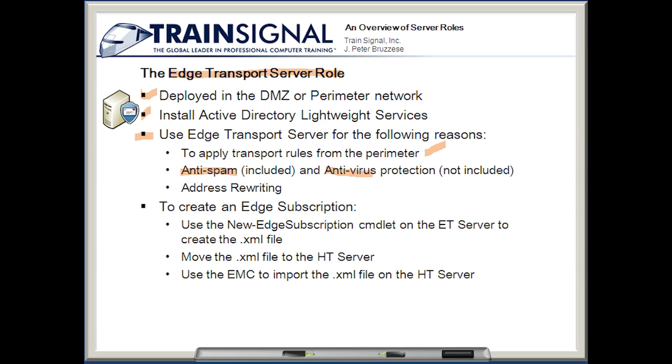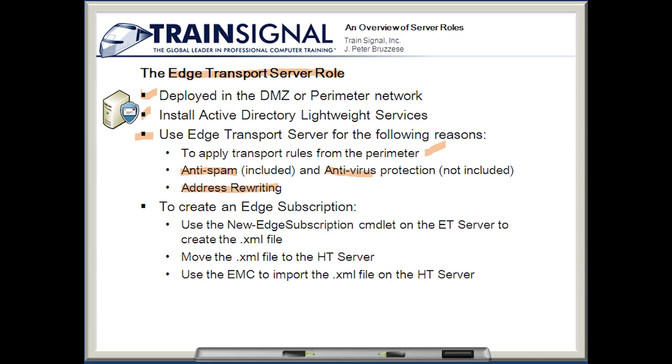The Edge Transport Server is also good for address rewriting. You use address rewriting to provide a consistent appearance to recipients that are external to your organization when it comes to messages from your Exchange organization. So you can configure the address rewriting agent to modify the SMTP addresses for inbound and outbound messages. So it's a good solution to maintaining that consistent appearance regardless of what's going on behind the scene.